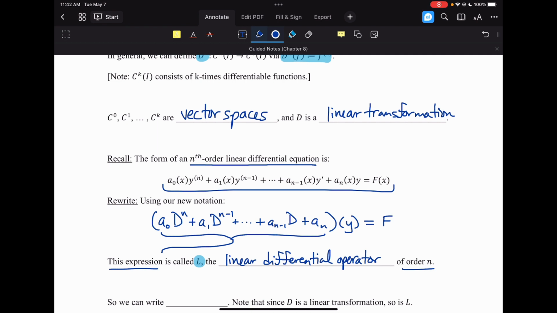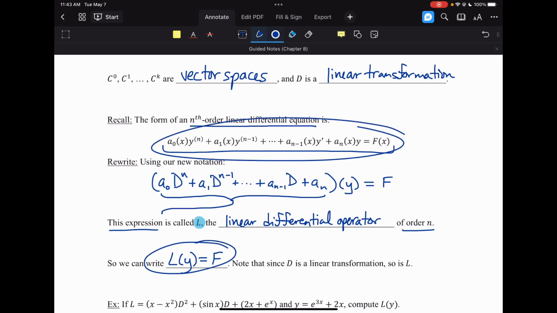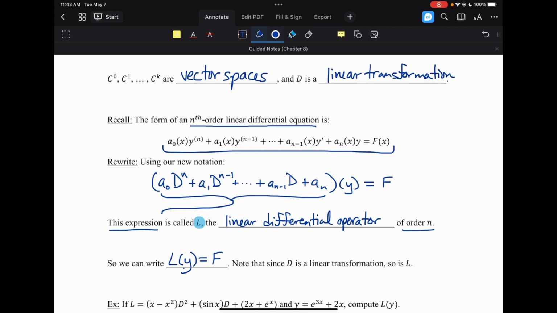The shorthand that you'll often see used for these expressions, instead of writing it out, is L of y equals f. And note, since D is a linear transformation, so is L. So L still is imbued with those properties of the linear transformation. And this is just our shorthand, essentially just going back to this. So this is our way of writing a linear differential equation in short form.